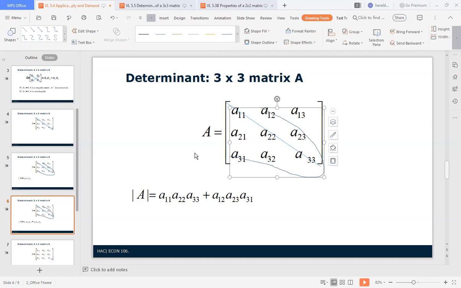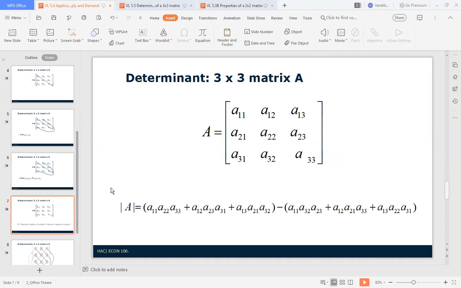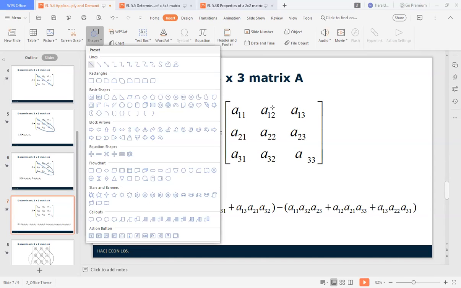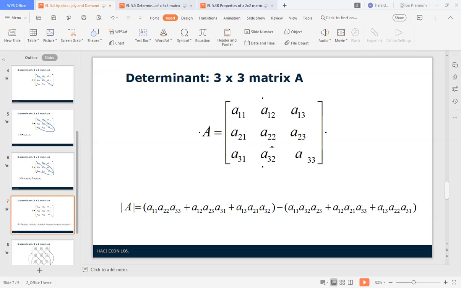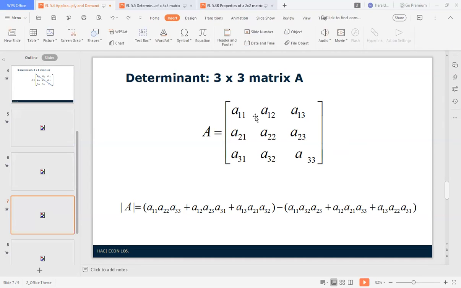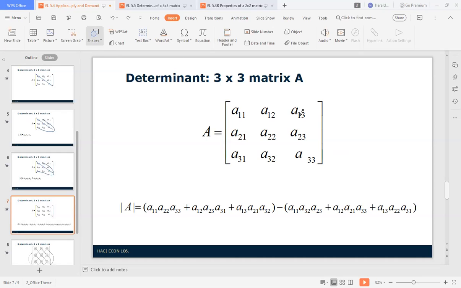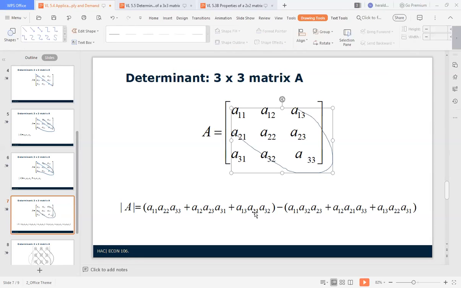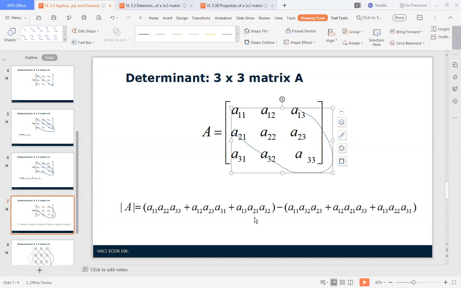The next one also would be this one here. What is that? That would be A13, A21, A32. Are we correct? So we have A13, A21, A32.